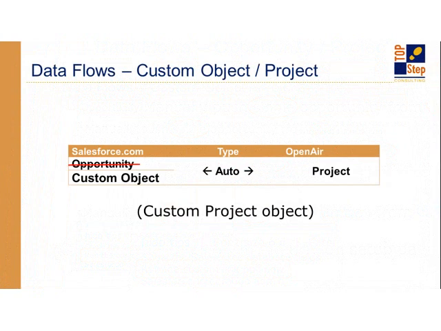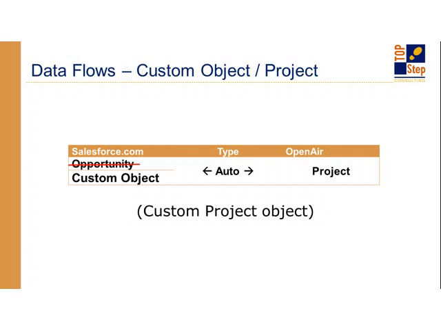All right, this is something just to point out briefly. In some cases, people who are running Salesforce.com already have a custom object in Salesforce that they use to track project data. If you're already doing that and you'd rather have opportunities separate and then create a project record in Salesforce for whatever reason, you can integrate any custom object to a project in OpenAir.